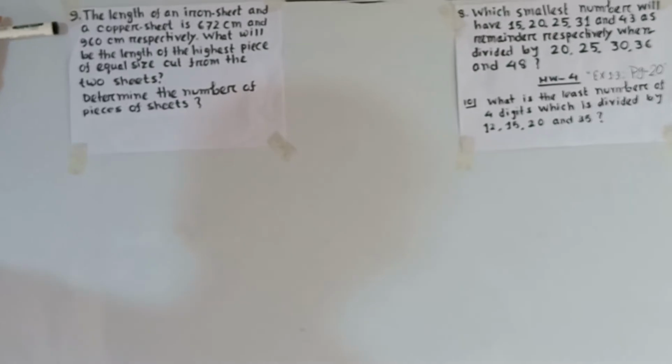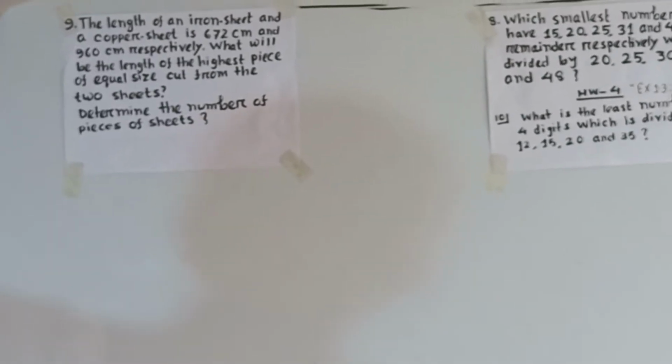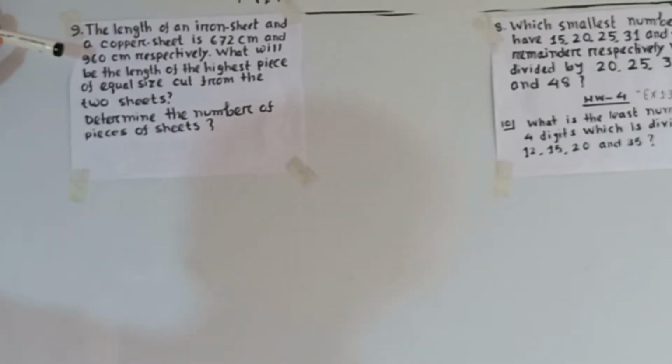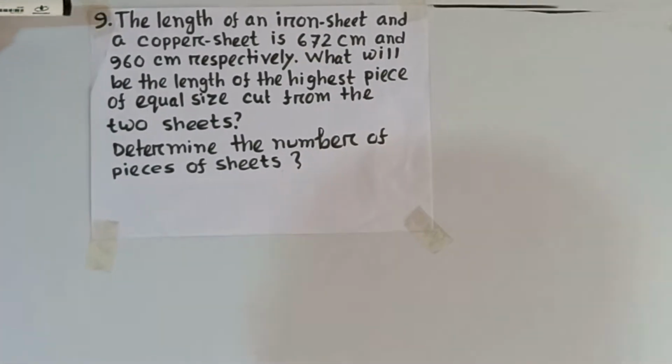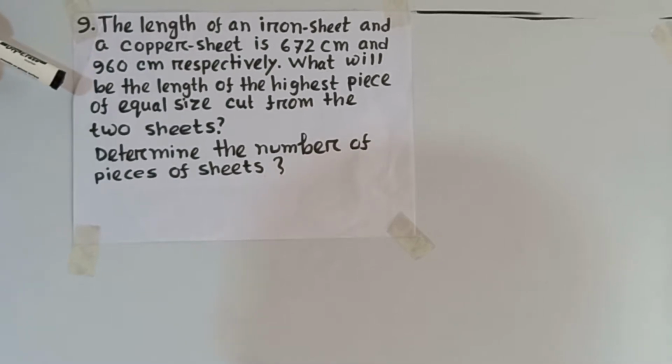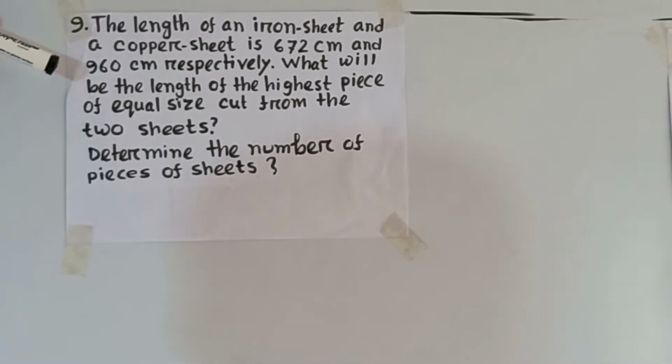You see the question. The lengths of an iron sheet and a copper sheet are 672 cm and 960 cm respectively. What will be the length of the highest pieces of equal size cut from the two sheets?